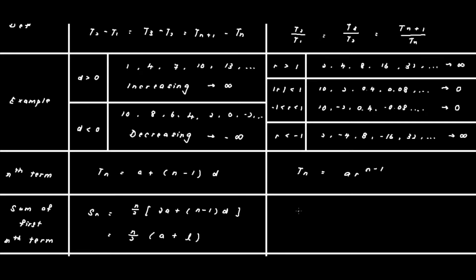So for the geometric progression, the sum of the first n terms will be equal to a multiplied by (1 minus r to the power n) over (1 minus r). I know that we have another formula, which uses (r^n minus 1) over (r minus 1). Then you will need to remember whether r is positive or negative. But in this video, we're focusing on the formula that will be given in your exam, and this is the formula that will be given.